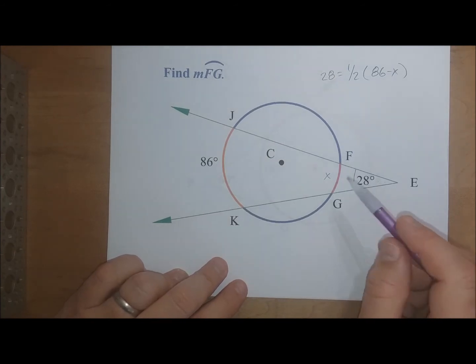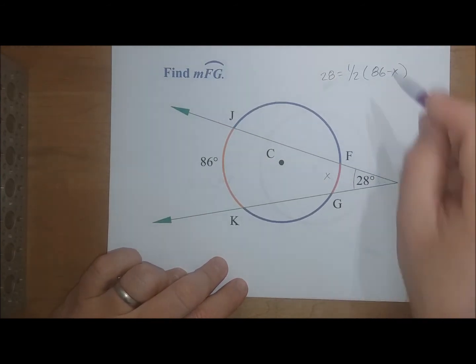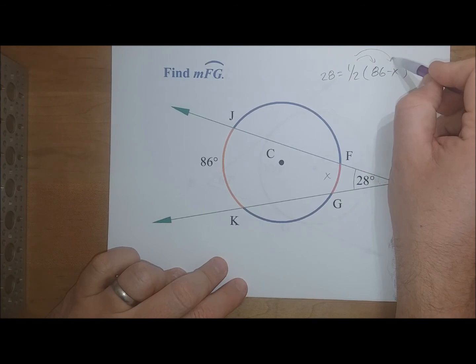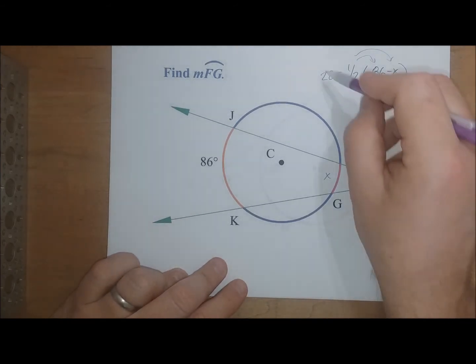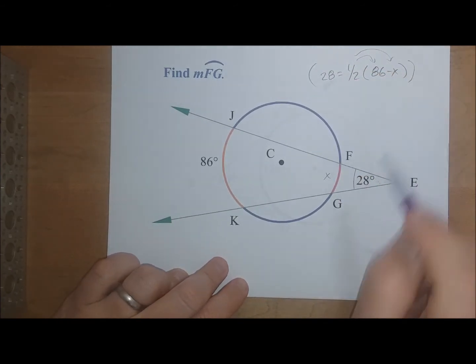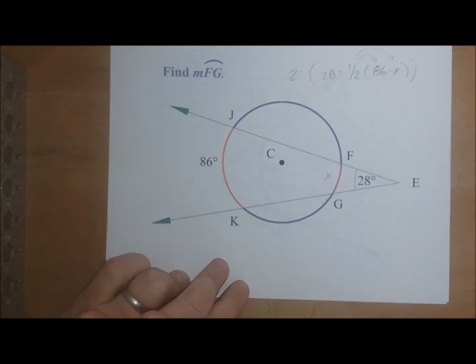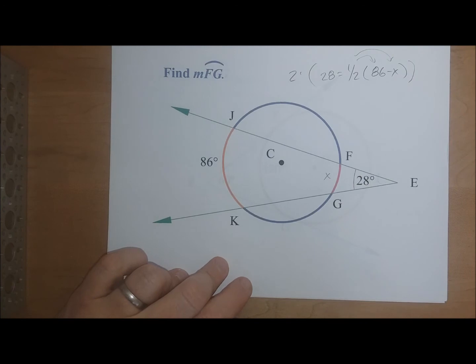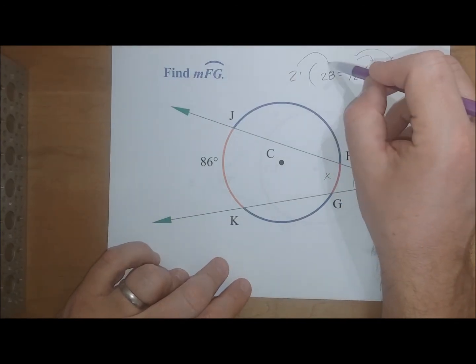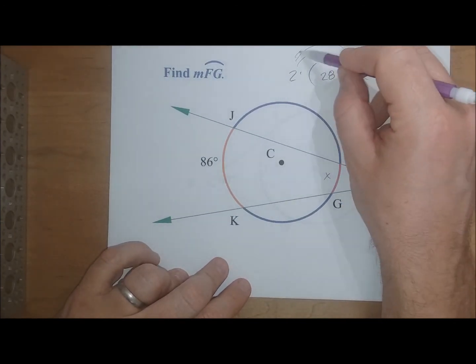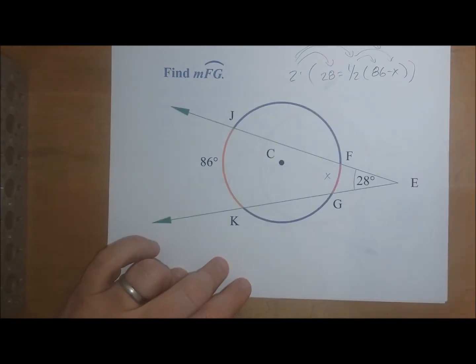Now, if you want to distribute the half, you can. But I know you guys don't like to work with fractions. And you don't have to if you don't want to. If you multiply the entire thing by 2 rather than distributing the 1/2, that's a good trick to remember. Really, we're distributing the 2 all the way across the whole equation, right?